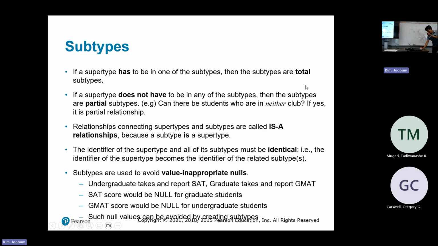And then there is value inappropriateness. For example, undergraduates take and report SAT, graduates take and report GMAT or GRE. Okay, so for graduates, the SAT score would be null. The GMAT score would be null for undergraduate students.